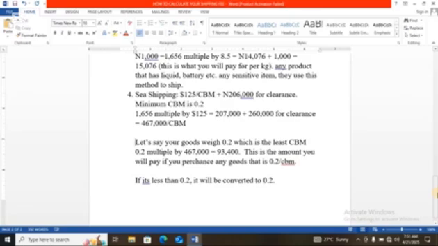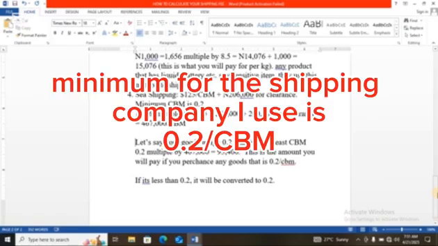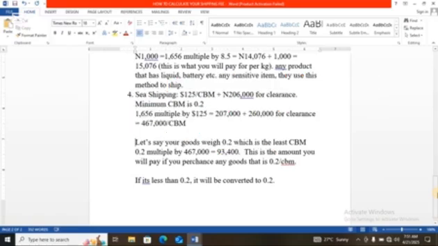The minimum CBM that most shipping companies have, some is 0.3 CBM, some is 0.2 CBM, but the one I'm using, their minimum CBM is 0.2. That means that if you are buying any item and you want to use the sea shipping to ship the item, if it is not up to 0.2, what they will do is to convert and round it up to 0.2. You are going to pay the exact amount of 0.2 because it is the minimum CBM that you can ship using sea method.